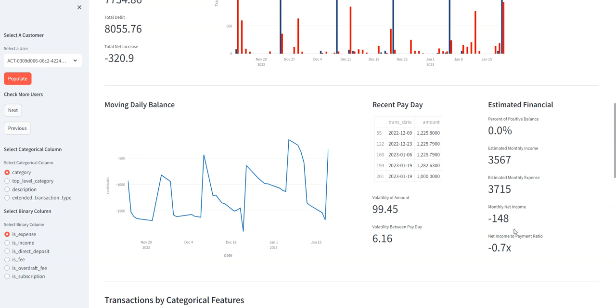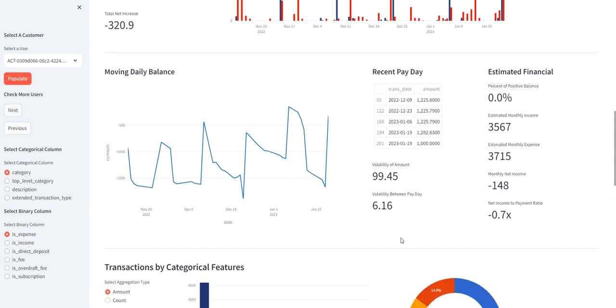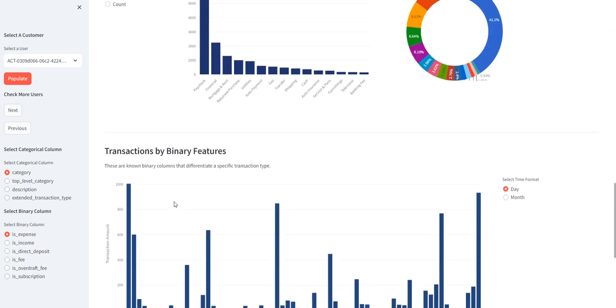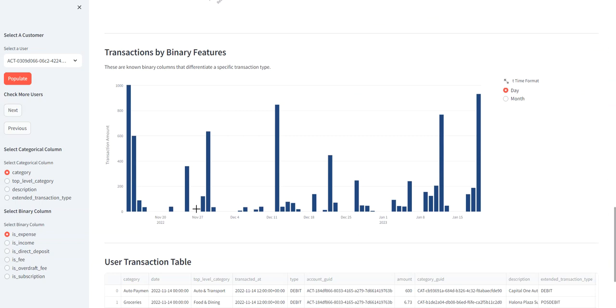For example, if your monthly net income is negative and you are trying to get a loan, your net income to payment ratio is negative, which means this person is probably a little riskier than he appears to be. So this is basically a tool that helps the bank gather insights and generate business intelligence for their customers.